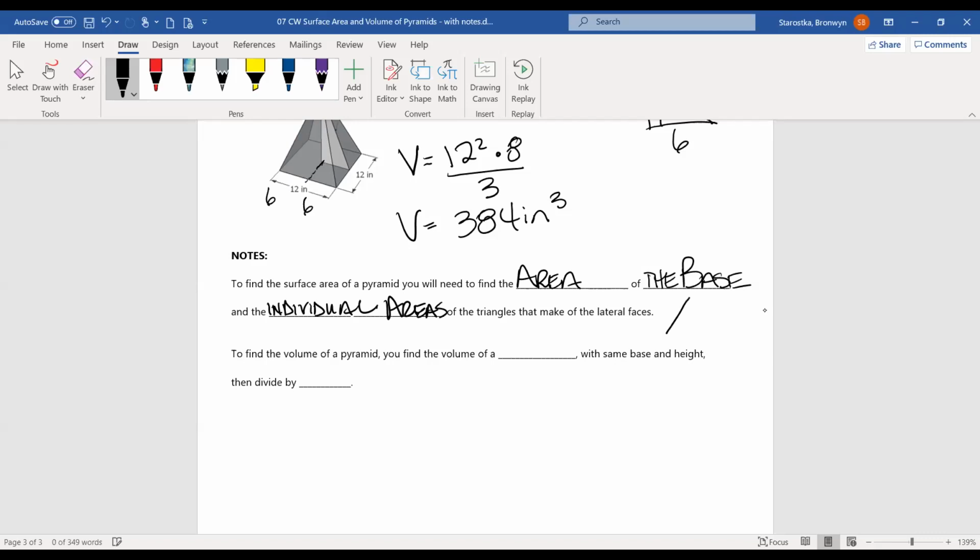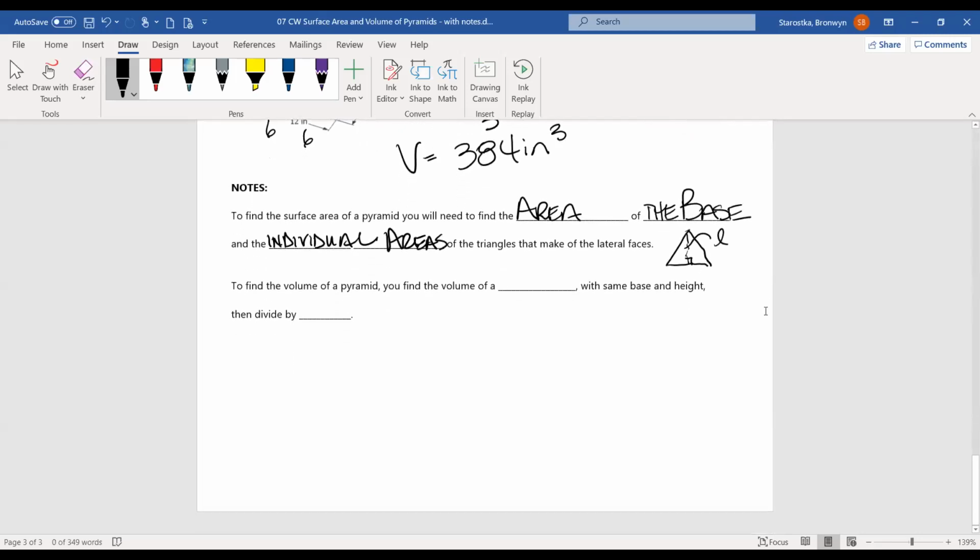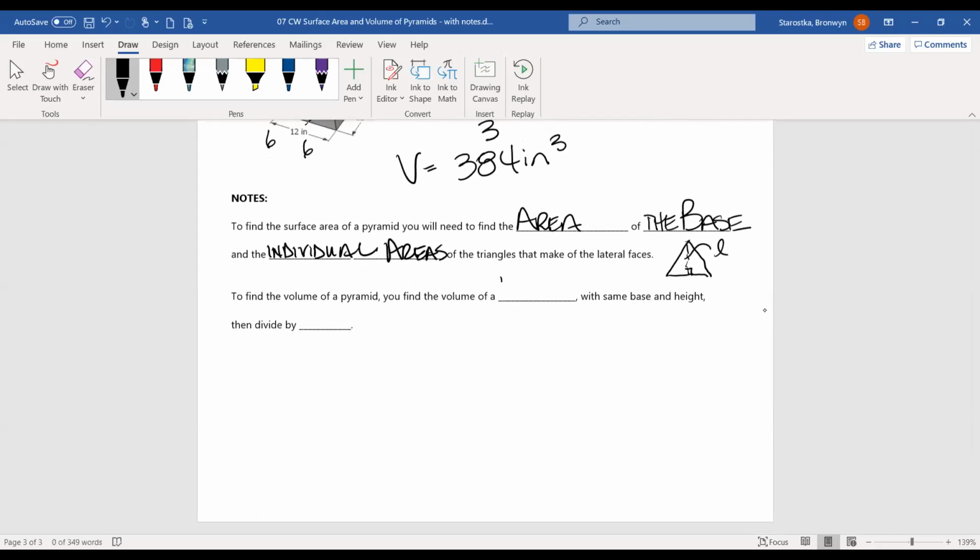Remember, if this was one of the faces, that's L, or lateral slant height. And to find the volume of a pyramid, you need to find the volume of a prism that has the same base and height. And once you know the volume of that prism, you simply divide by 3.